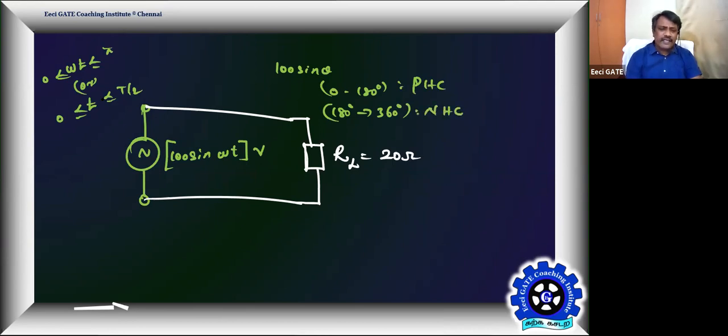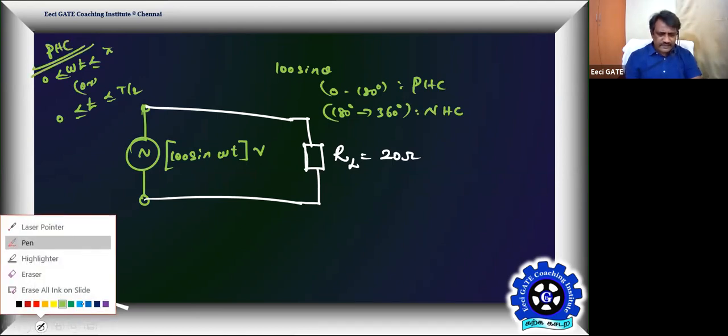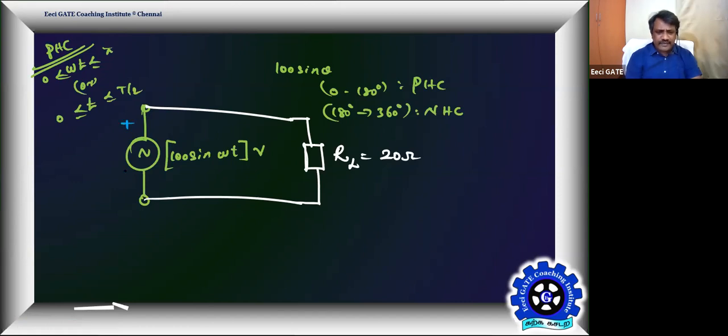Okay. So let us do the analysis during positive half cycle. During positive half cycle, this is positive and this is negative. Taking this as a reference, that is 0 volt, the signal at this point is going to have only the positive half cycle.